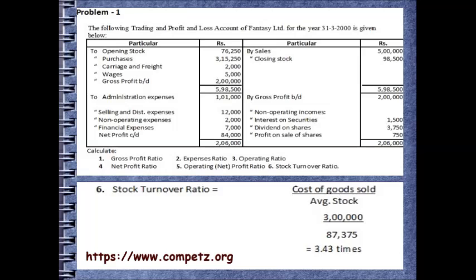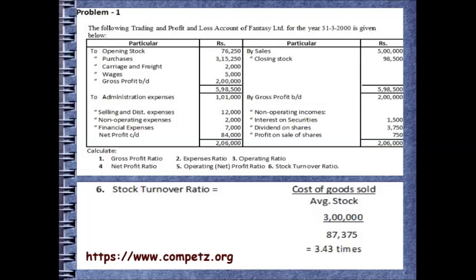We will get cost of goods sold as 3 lakhs divided by average stock, that is opening stock 76,250 plus your closing stock 98,500 divided by 2, you will get 87,375. So we will write the amount 3 lakh, cost of goods sold, in the numerator, divided by the denominator, 87,375.